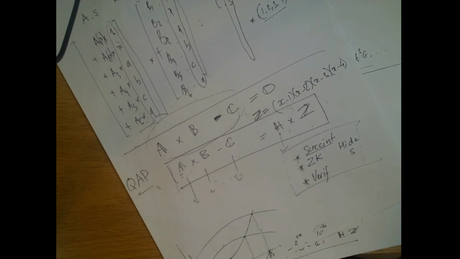So we have all this stuff, right? But there's obviously one issue, and the issue is that the prover can completely cheat.